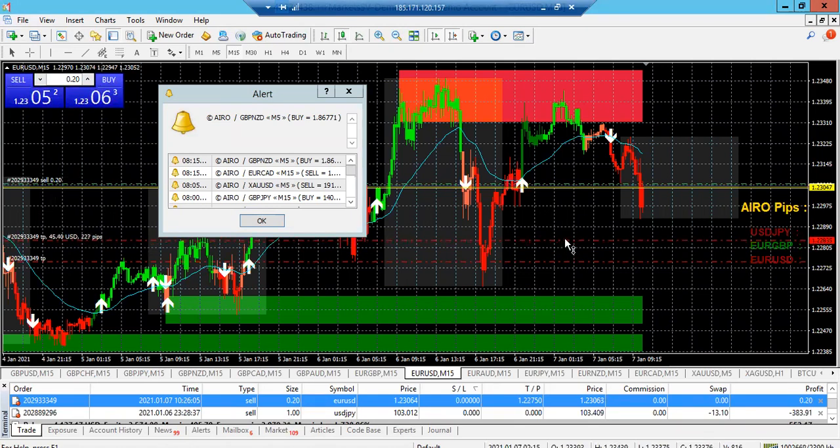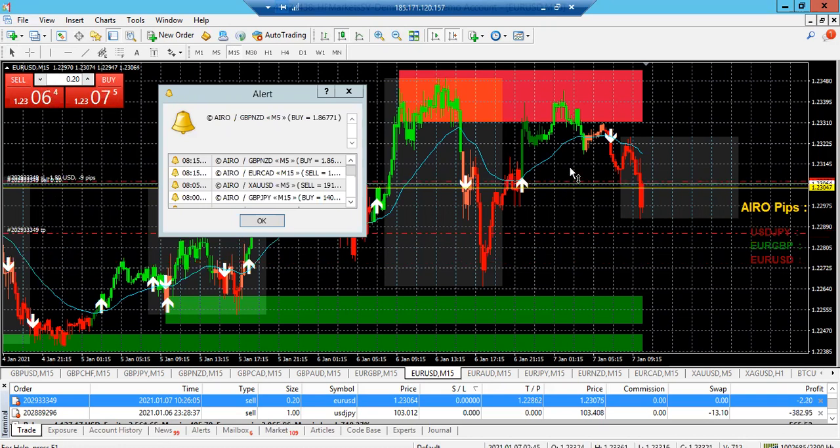And I can see a very nice correction. And then 40 pips above is my stop loss. That's way past 40 pips.